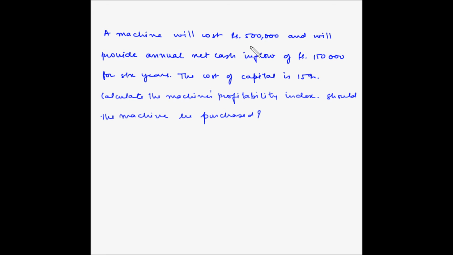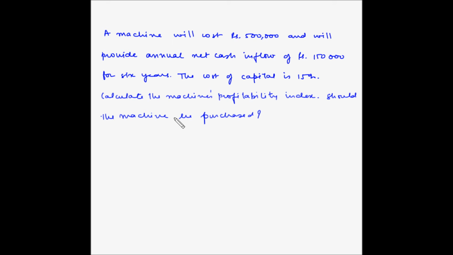And then based on this information, this decision is being made whether to buy this machine or not. So we have to be very careful when we collect this information, because the more accurate the information is, the better the decision will be.